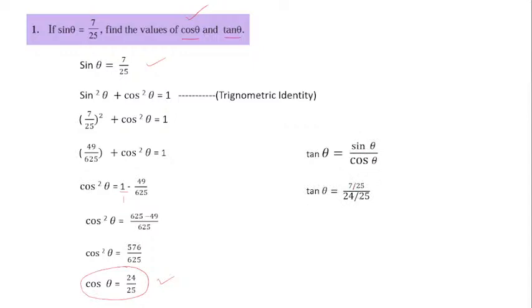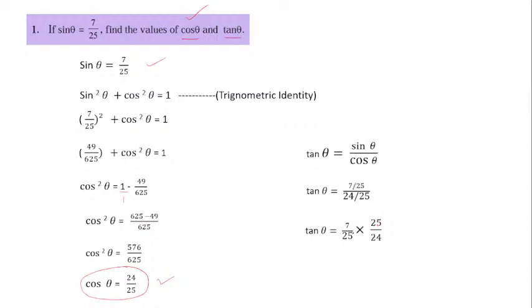Now to simplify this, we will take 7 by 25 in the numerator as it is, and if we take 24 by 25 from the denominator to the numerator, we should take its reciprocal. The reciprocal of 24 by 25 is 25 divided by 24, as we have taken it in the numerator.